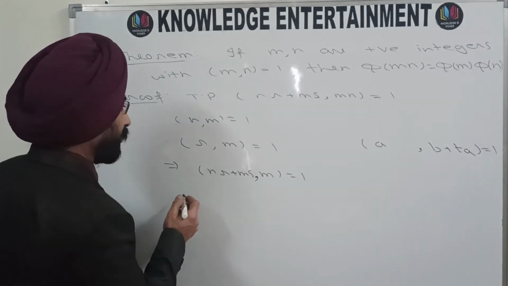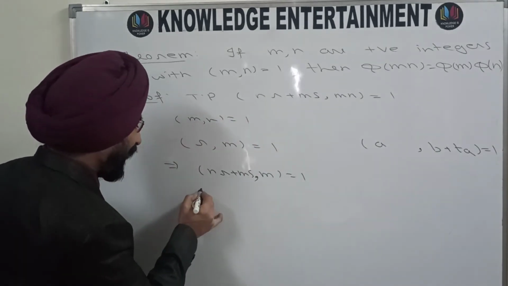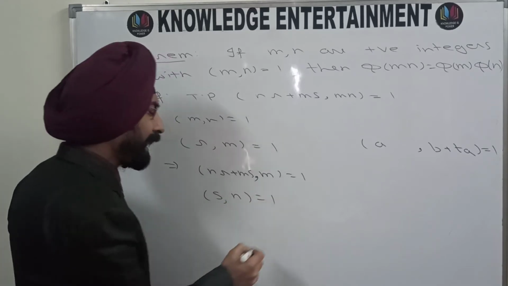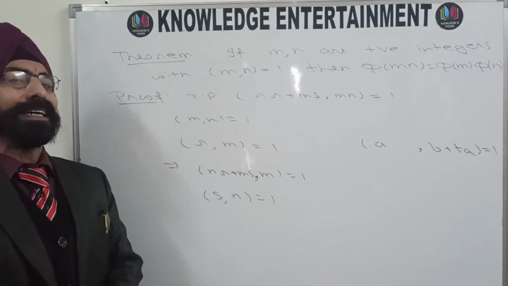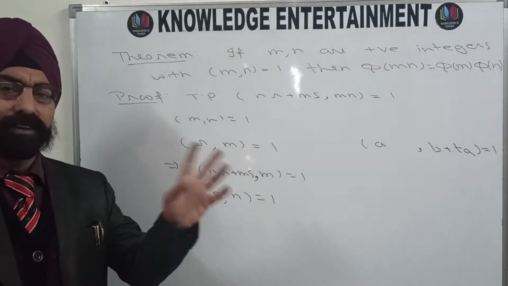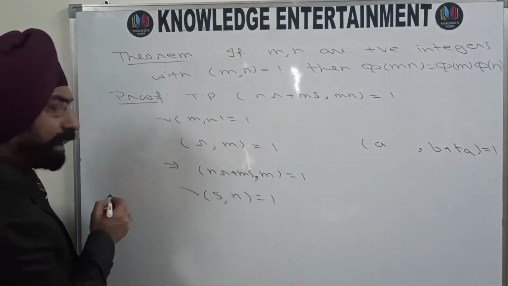Once again, GCD of m and n is 1. And GCD of S and n is 1, because S is a member of the reduced residue system modulo n. So GCD of S and n will be 1. Now GCD of m and n is 1, GCD of S and n is 1.